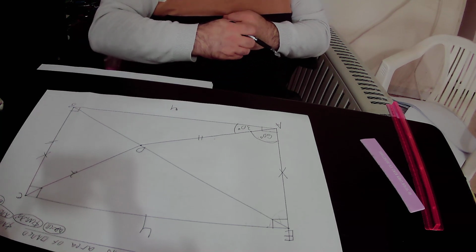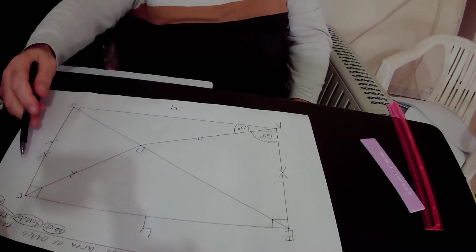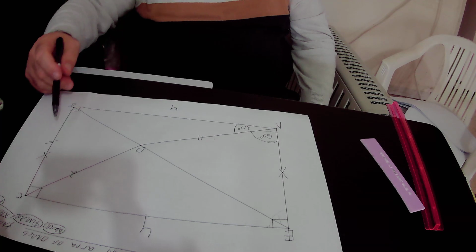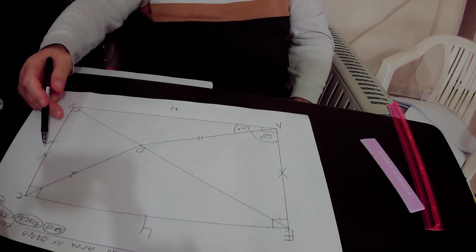According to what is given in the question, CB equals AD. But CB equals X according to our definition.